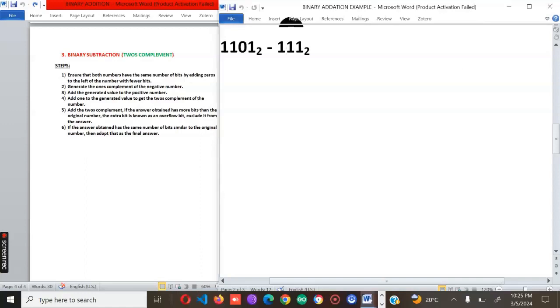So for the negative one, for this one, I will add a leading 0, and we will have 0, 1, 1, 1.